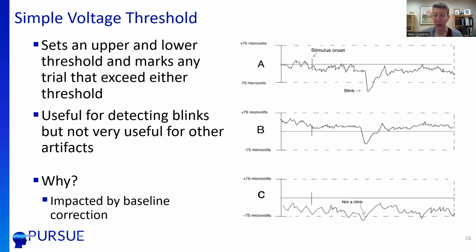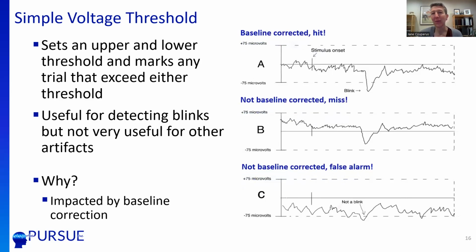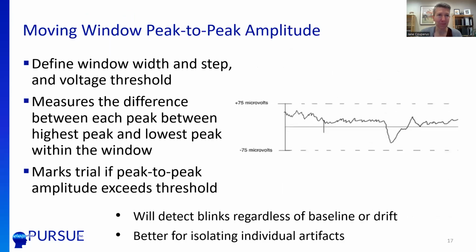And so you want to make sure you're using your baseline correction before you do this, because if you have baseline corrected, you might catch a blink. But if you haven't baseline corrected, the activity might not actually fall in your window of your threshold. So you might miss it, or you might even have a false alarm because the data is too close to your threshold. So you definitely want to make sure you baseline correct if you are using this methodology, but it can be good for picking up those blinks.